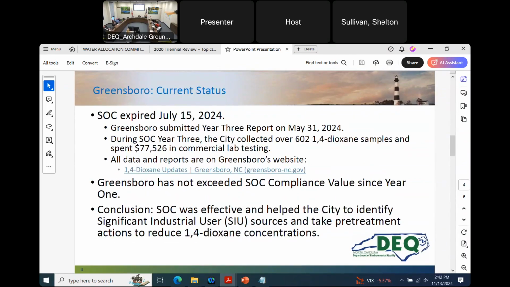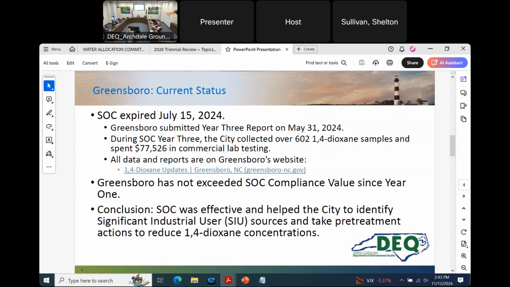The SOC expired in July of 2024. Greensboro submitted their end of the year, or end of the SOC, report. Just for general information, they took over 602 1,4-dioxane samples during those 3 years, and they spent over $77,000 in commercial lab testing alone.